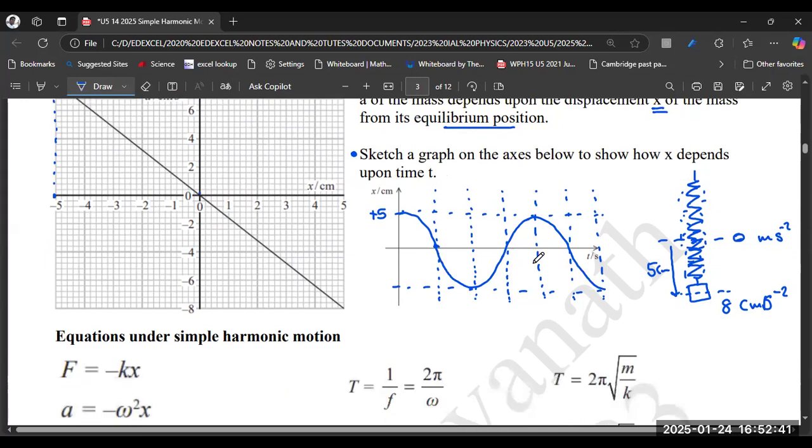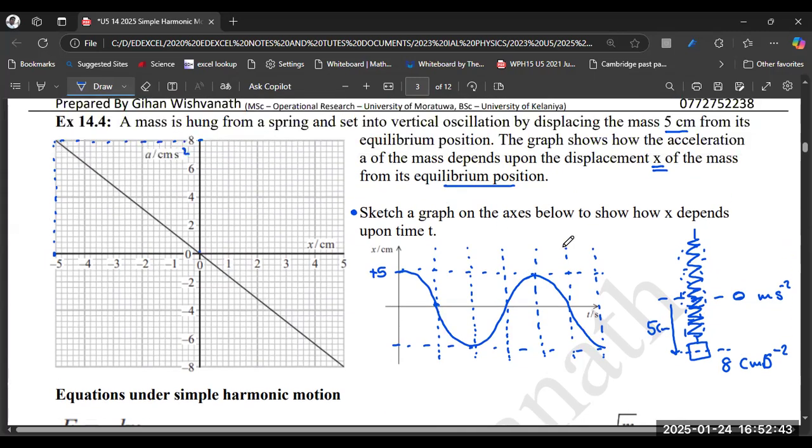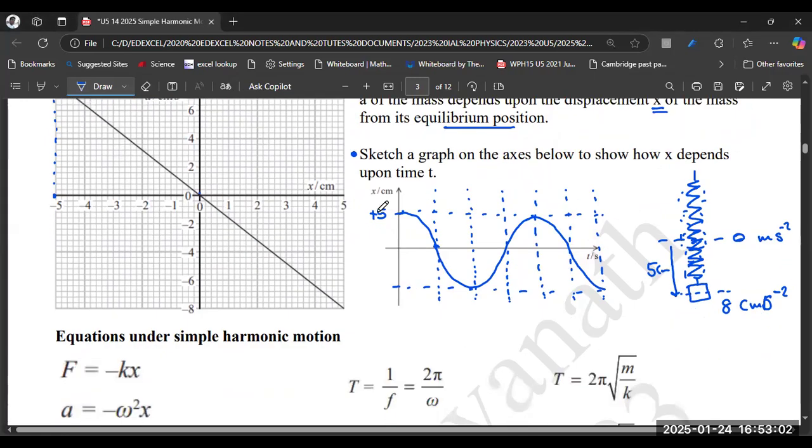Then do you think that they would give a 4 mark question just for drawing? No. Then there should be some markings, isn't it? I have marked the maximum displacement, but the time axis is empty.